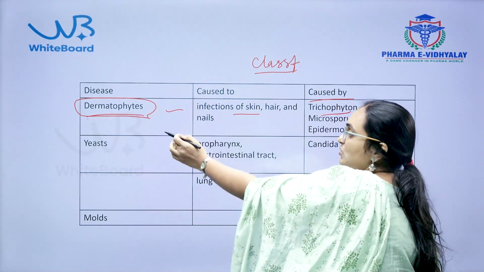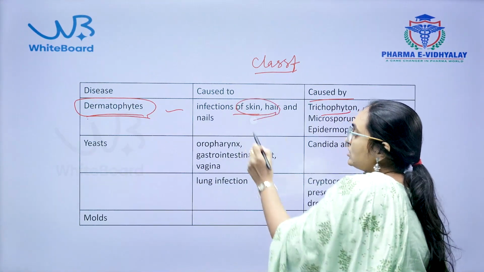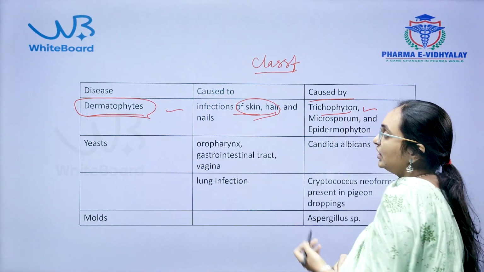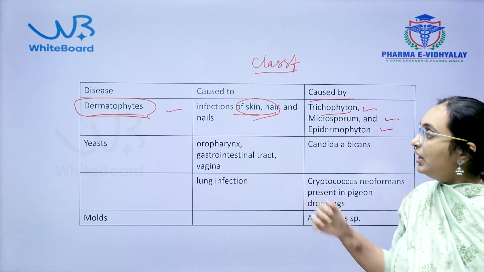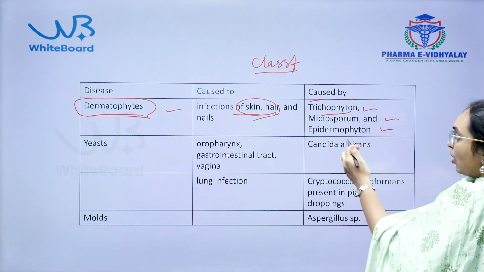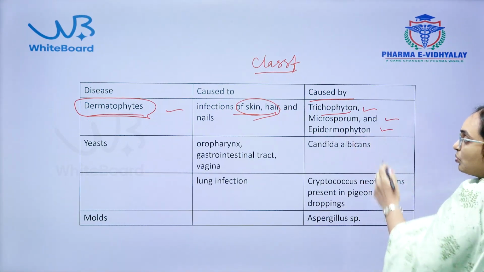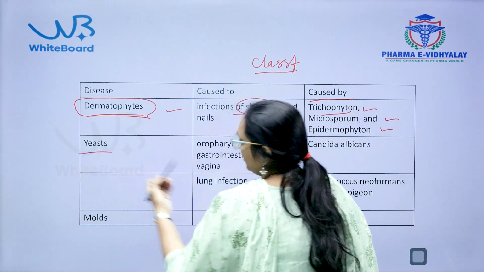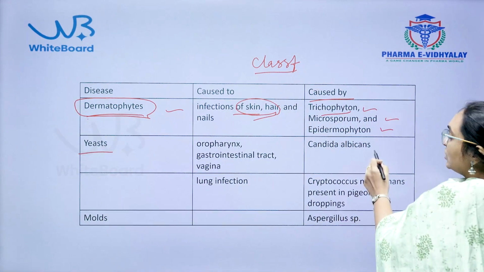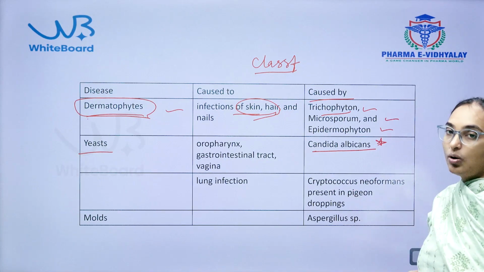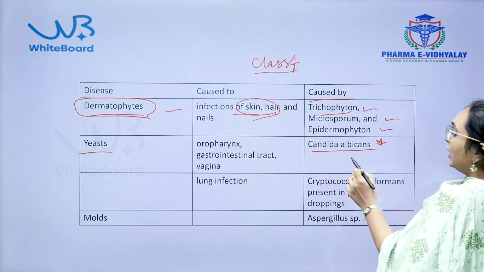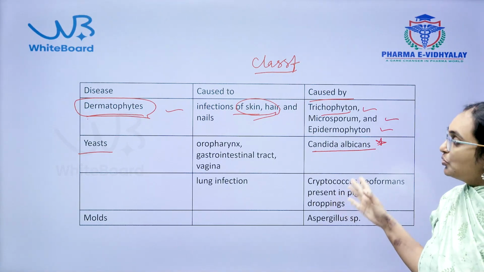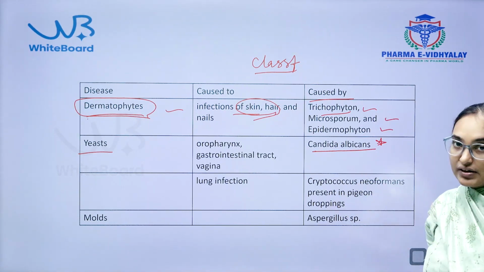Dermatophytes is one such infection, mostly affecting skin, hair and nails. Infections of skin, hair and nails are called dermatophyte diseases, caused by Trichophyton, Microsporum and Epidermophyton. Next, yeast infections are mostly caused by Candida albicans. We know the well-known Candid cream, an ointment used for the treatment of Candida albicans infections.